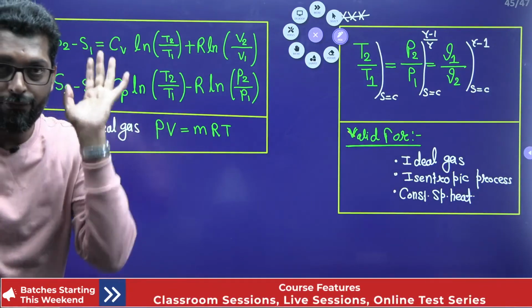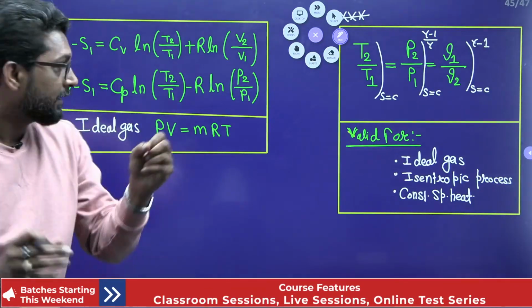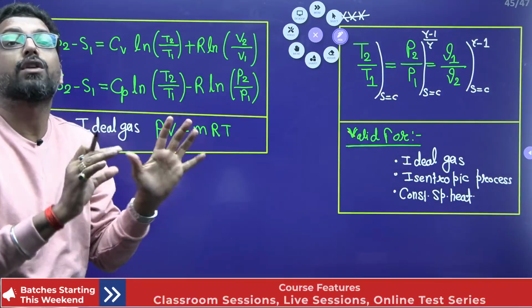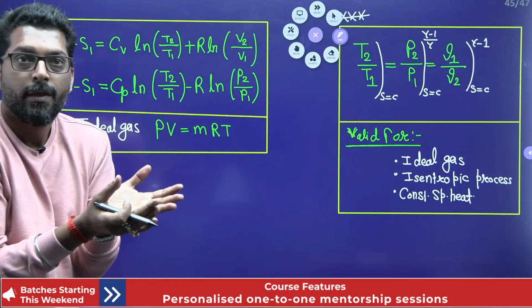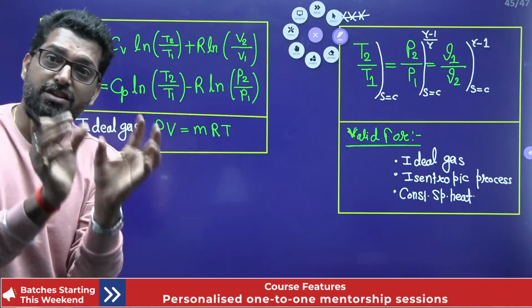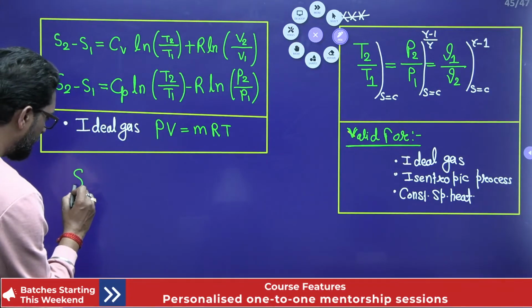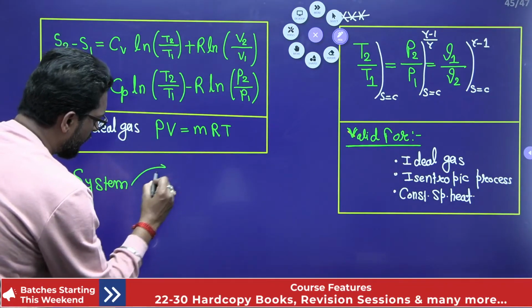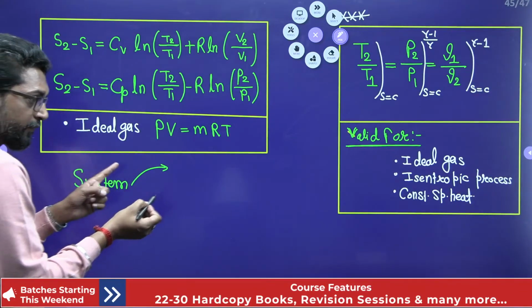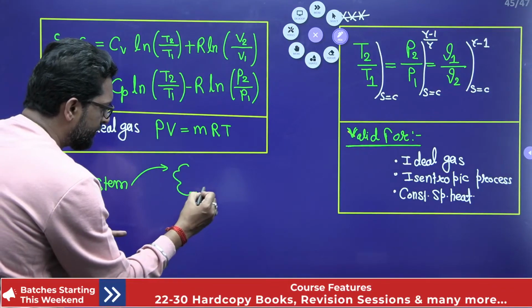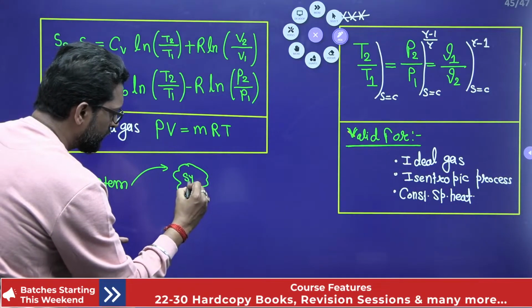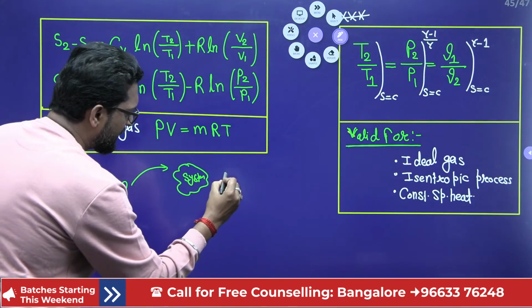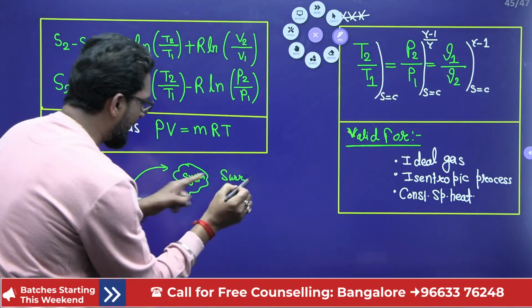Now, from here, we can say this is the entropy change for the system. Now, what is the system? See, my dear, if we take this as our system and this is our surrounding, we can write like that.